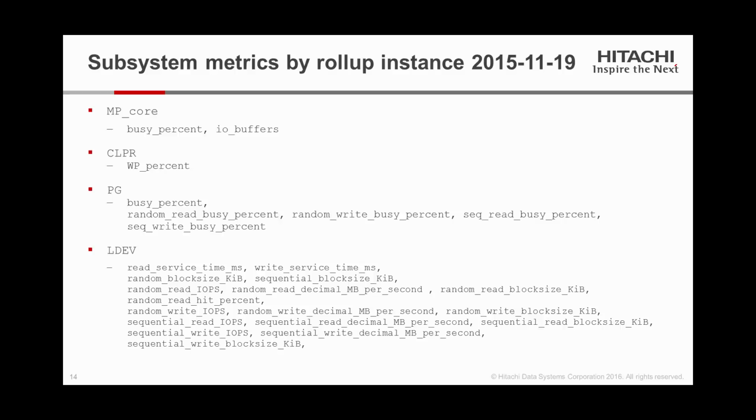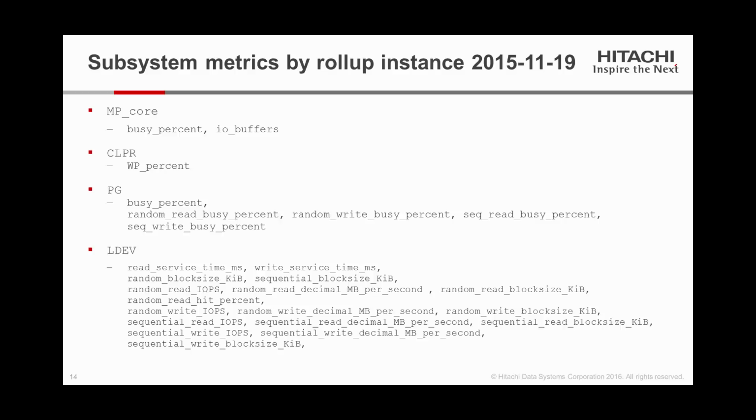This is something that nobody studied so far, and I'm not really sure what it represents or how meaningful it is, but it shows how much load the MP Core is under in some fashion. For parity groups, you also get busy percent, but you also get that busy percent broken down by random reads, random writes, sequential reads, and sequential writes.